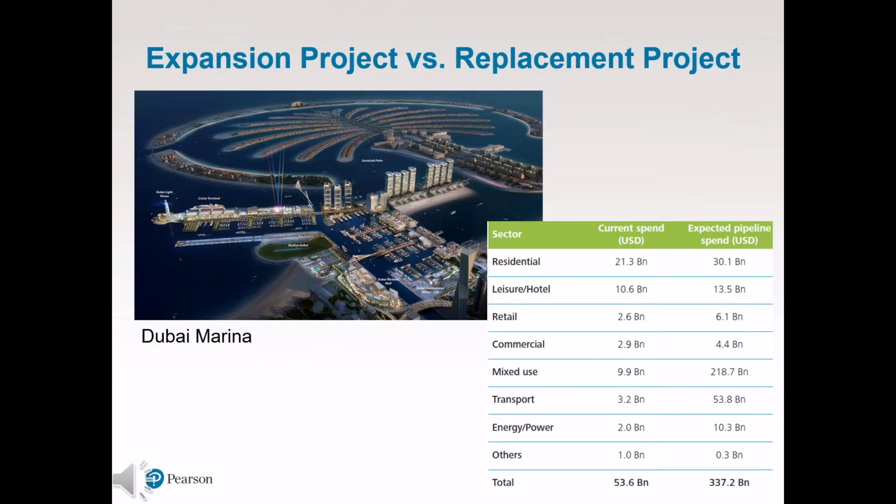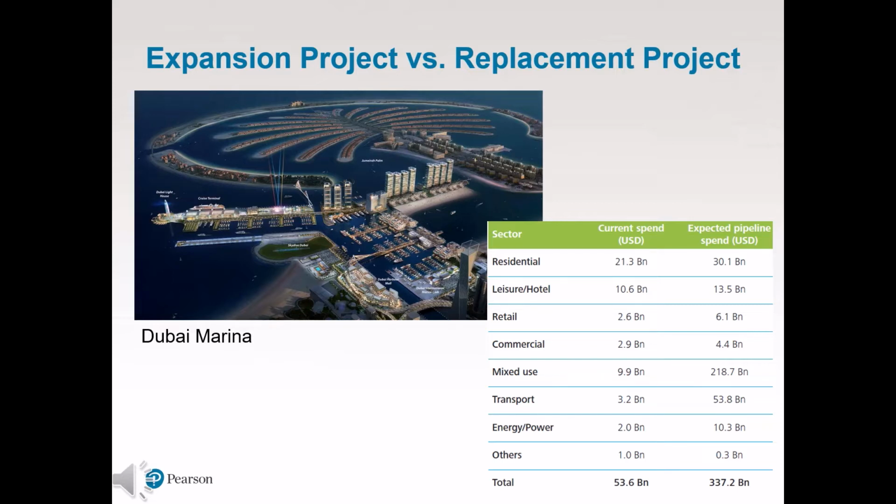This project was built from nothing, absolutely, literally, because they had to build the island itself before they could build the residences on top of it. You can see the costs associated with building this project.